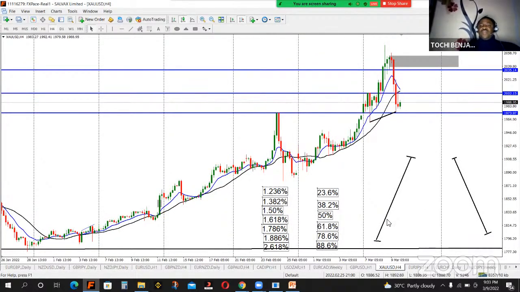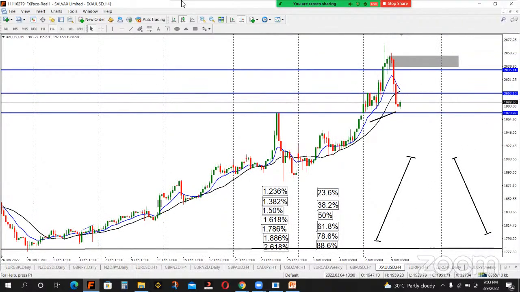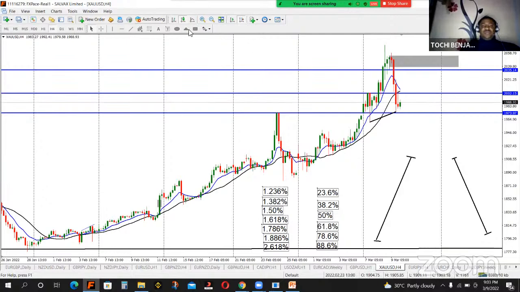I want to continue. So now let's go to our Fibonacci.